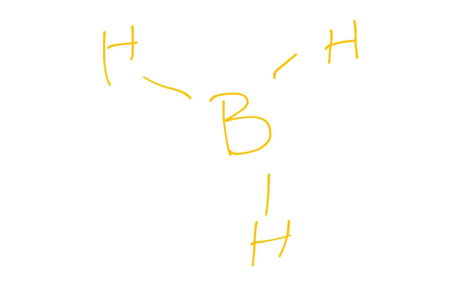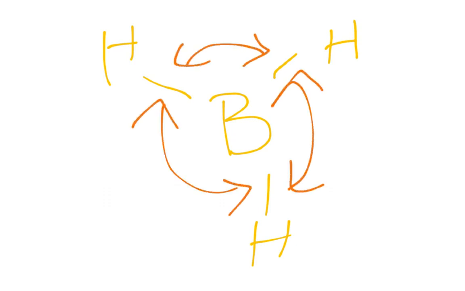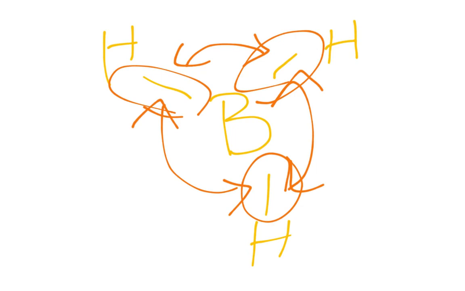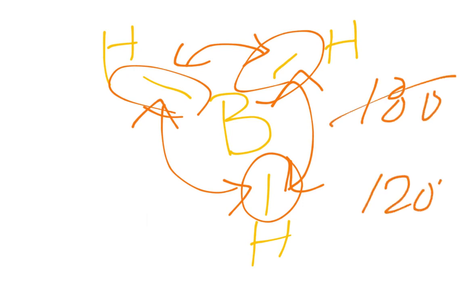We have the same idea here where we want to separate these electrons by as much as we possibly can. With this one, instead of 2 like we do in the linear, we have 3 areas where we have electrons. Because we have 3, we can't get to that whole 180 thing. We're only going to be able to get to 120 with this. Okay, and this is one way that you can do that.